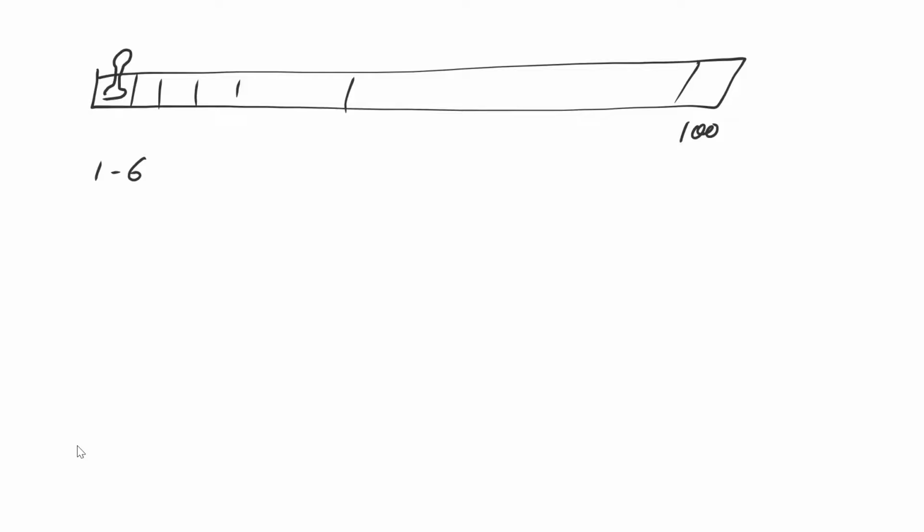And so to advance to 100 in steps of 3.5 on average, I just need to divide 100 by 3.5. And so after about 30 rolls of my die, I'm going to finish the game, right? Okay, so that's very easy to calculate because it's a very simple game, right?